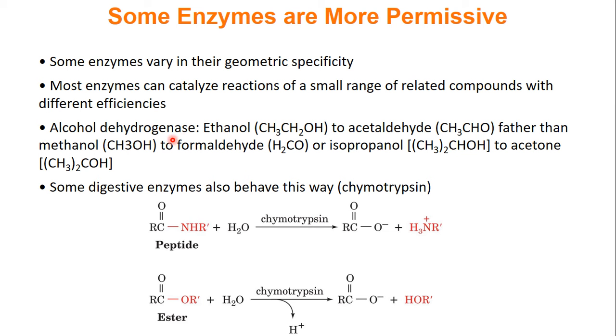Alcohol dehydrogenase takes the ethanol that you drink and makes it acetaldehyde. Well, it will also take methanol and change it to formaldehyde, which is a poison. Isopropanol to acetone will also happen. Usually, these side reactions are slower than the main reaction, but they do happen.